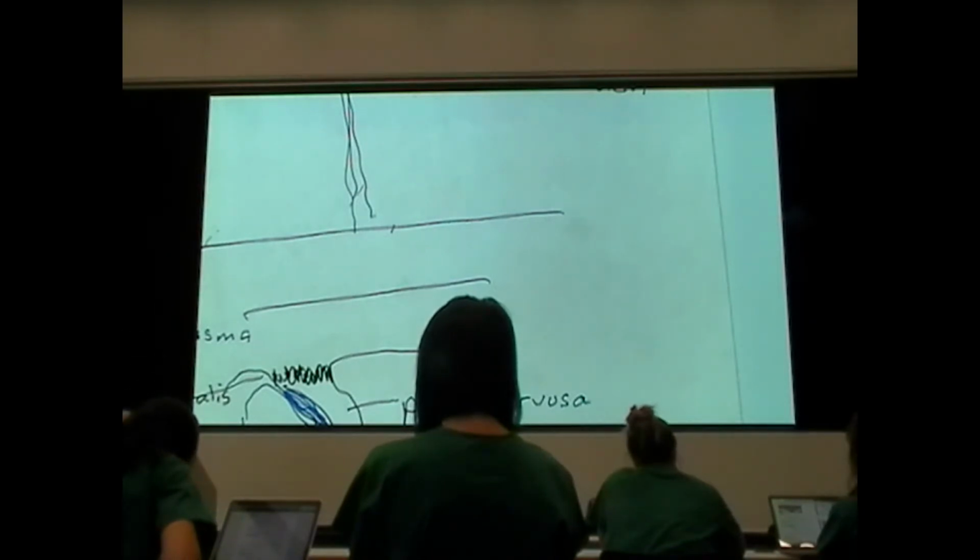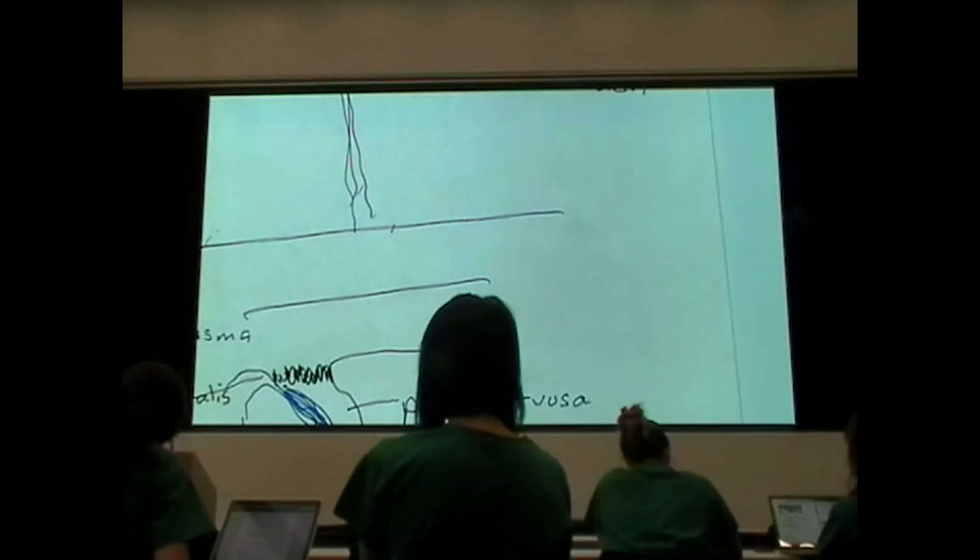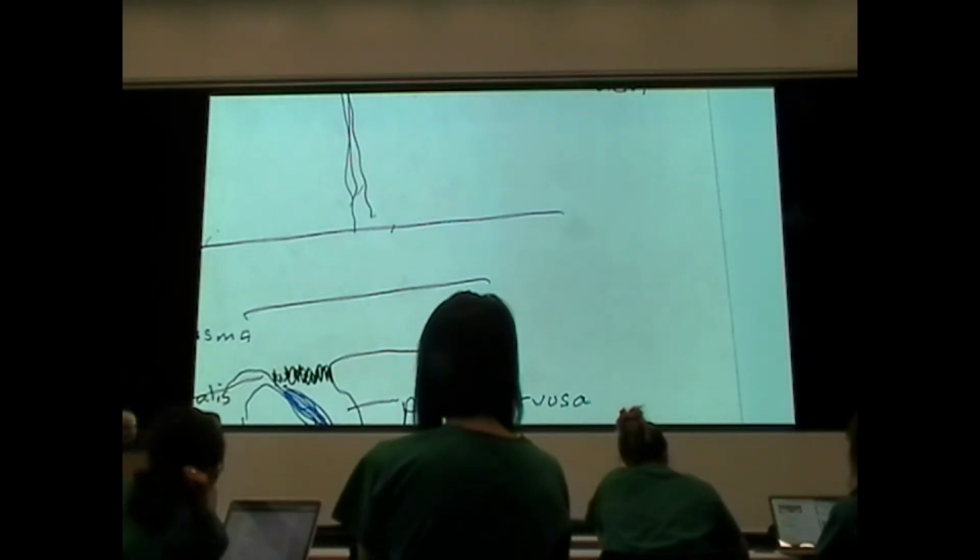In some animals, it's very important, like in chameleons, for example, which can change color. And that is due to the rapid release of melanocyte-stimulating hormone, which affects the distribution of the melanocytes in the epidermis.